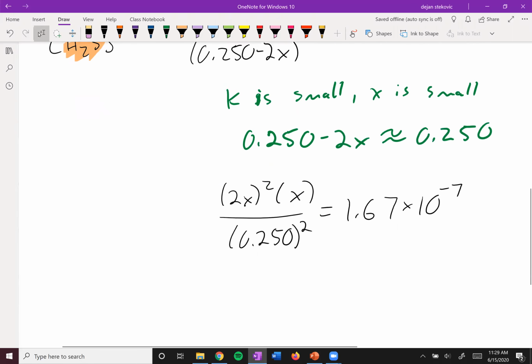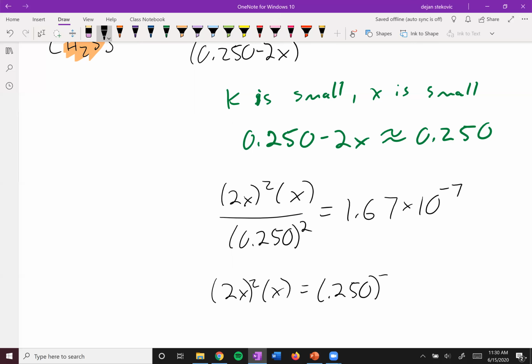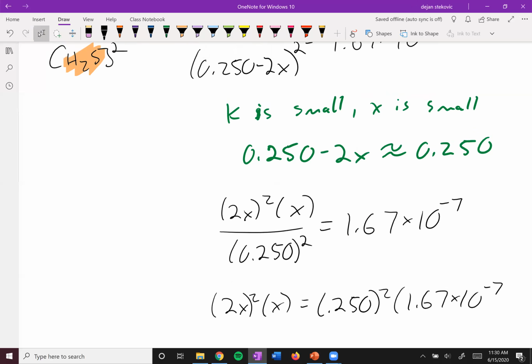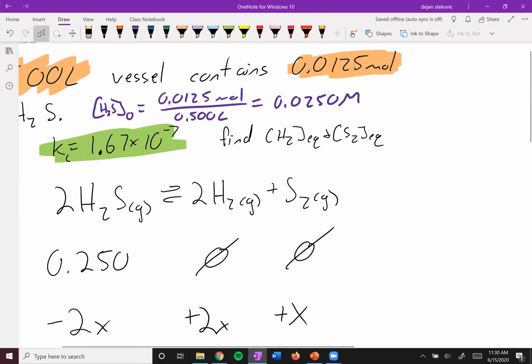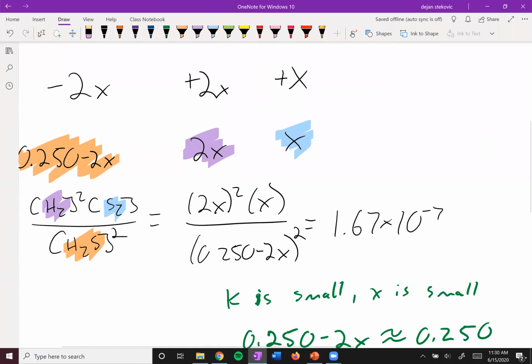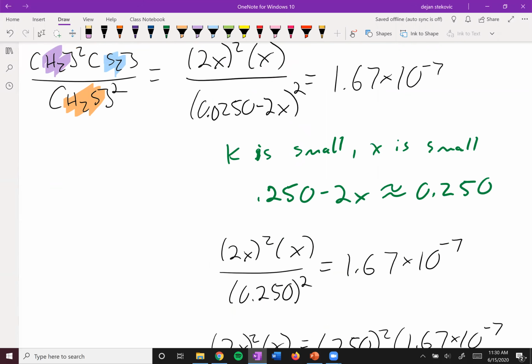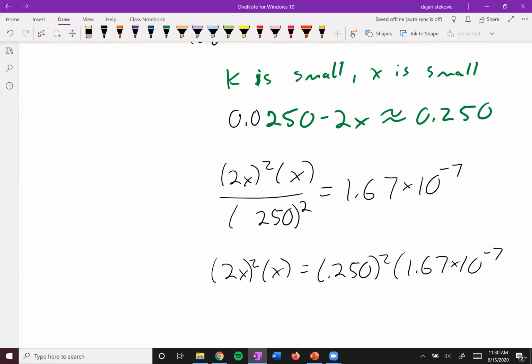So we're going to solve this algebraically. So first thing we're going to do is multiply both sides by 0.0250 squared. So you've got to be careful again. Make sure all your numbers are correct. It's very easy to make a mistake here.